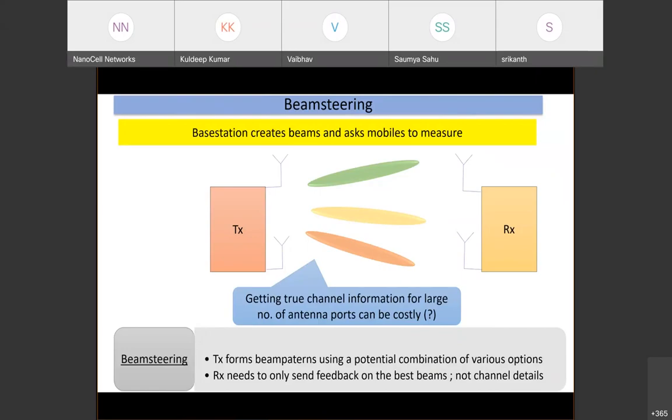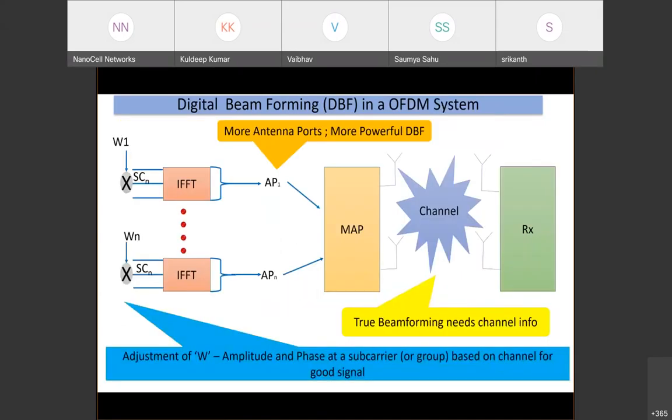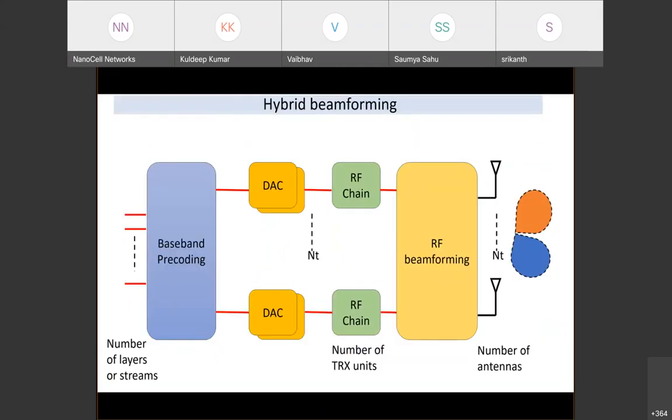And if you don't want to do full-fledged beamforming, simply because, remember, we have drawn very nice pictures saying you can do this and so on. But these do need some channel information so that you can do this for the particular user to whom you're transmitting, right?